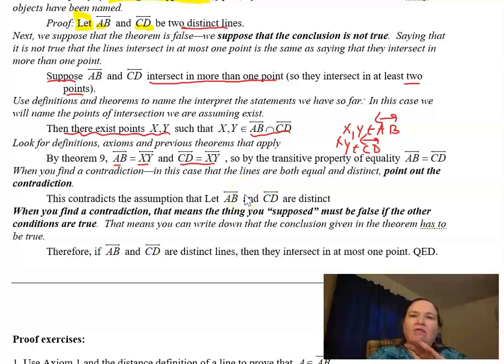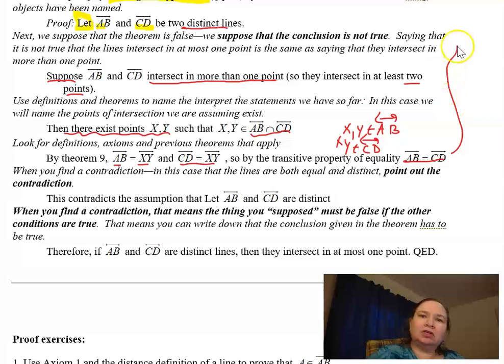And so I have the transitive property of equality. The transitive property says if A equals B and B equals C, then A equals C. So I have AB equals XY and CD equals XY, and that means AB has to equal CD. All right. That's my contradiction.